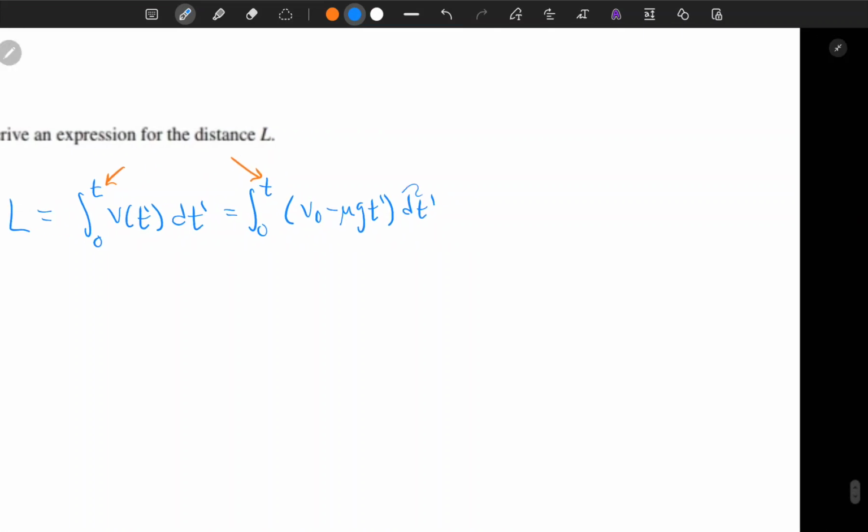Then, performing this integral, we find that this is equal to v naught t minus 1/2 mu g t squared, evaluated from 0 to v naught divided by 2 mu g.